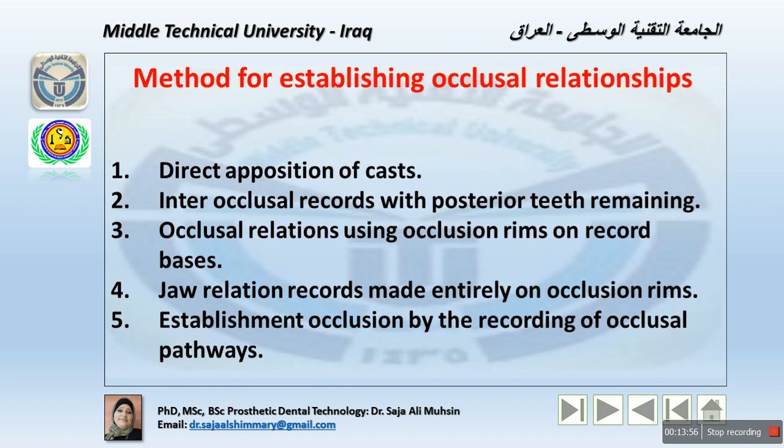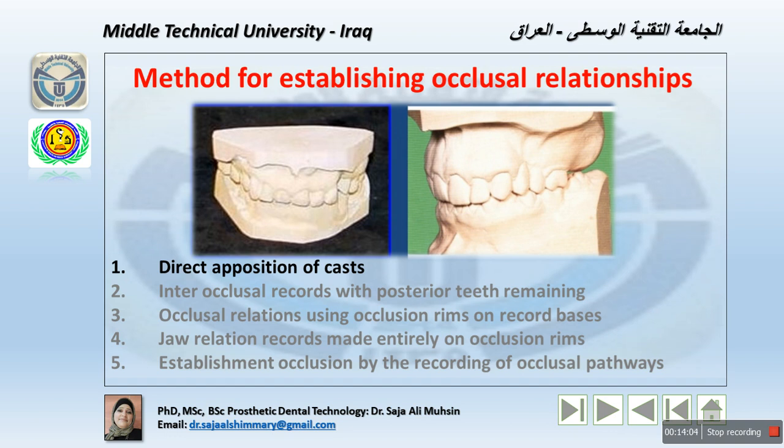Now, we have many methods to establish a centric relationship. We're going to start, for example, with the direct opposition of casts. There are five methods of establishing a centric relationship for removable partial dentures, starting with the direct opposition of casts.